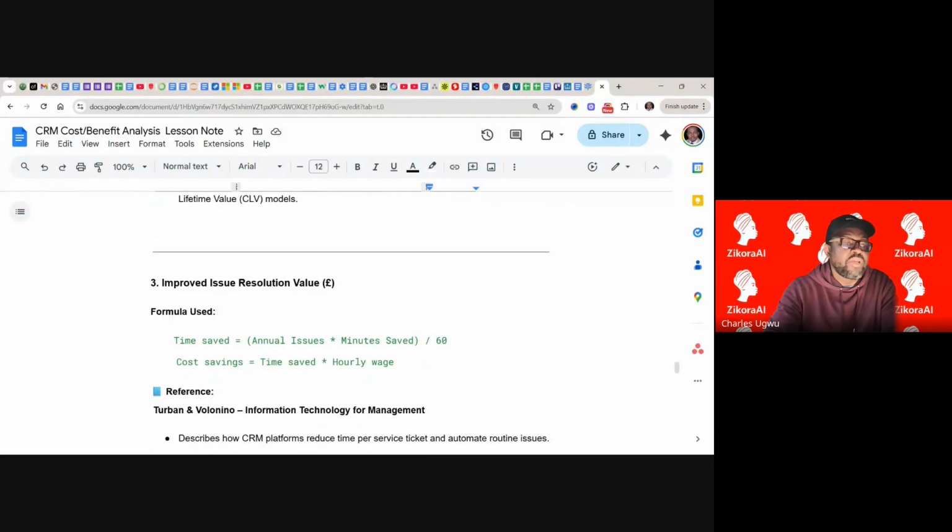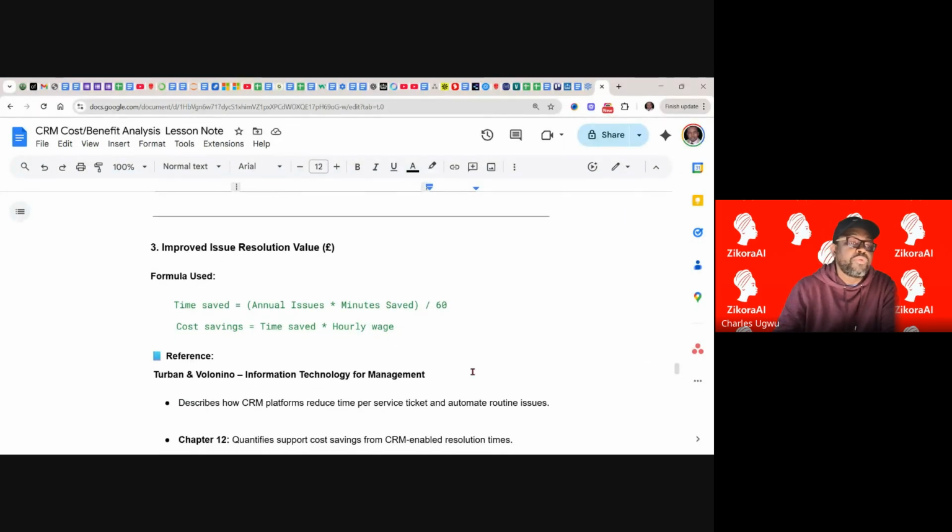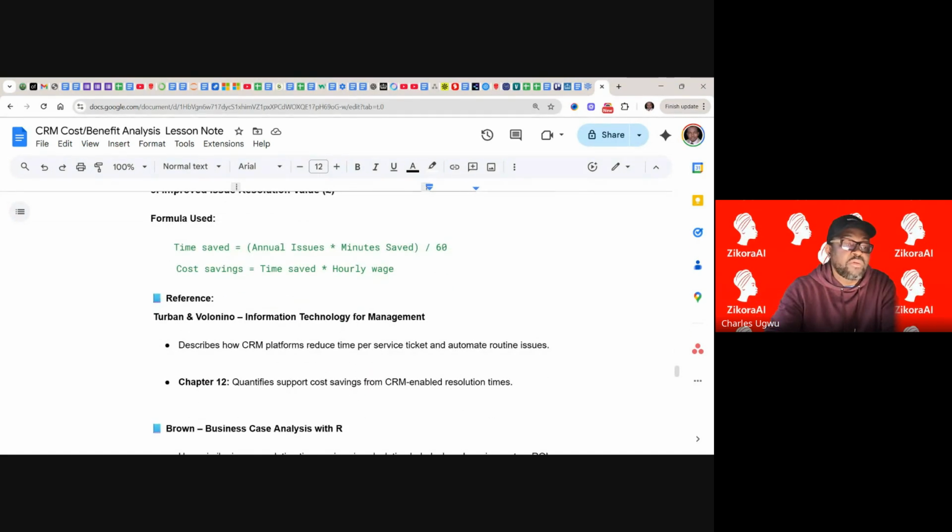And then we have improved issue resolution. This is the formula here. This formula is equally validated in this academic textbook, Turban and Volonino, Information Technology for Management.